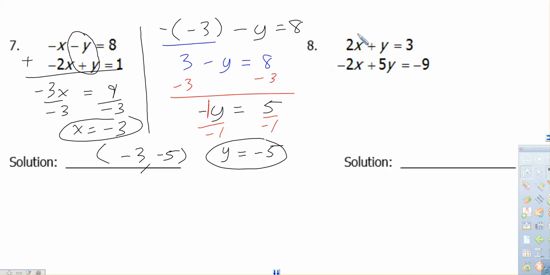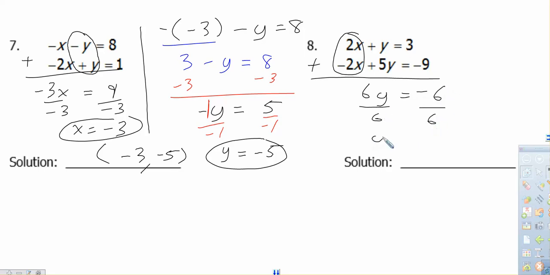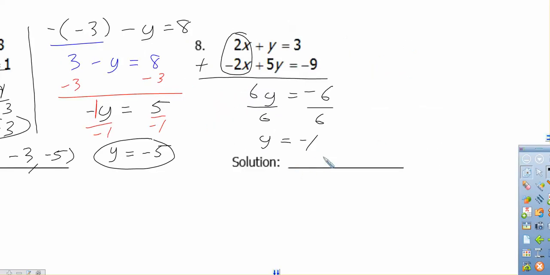Zero pair looks to be in the x's. So that gives us a 6y, and that's negative 6. So dividing by 6, y equals negative 1. So if y is negative 1, something comma negative 1, let's plug in that value of y into this first equation. So 2x plus, well, y is negative 1 equals 3.